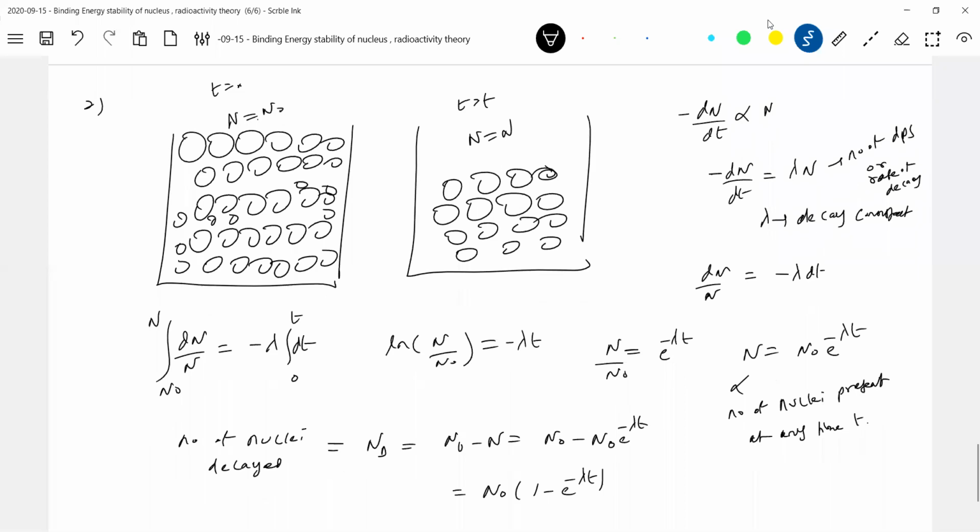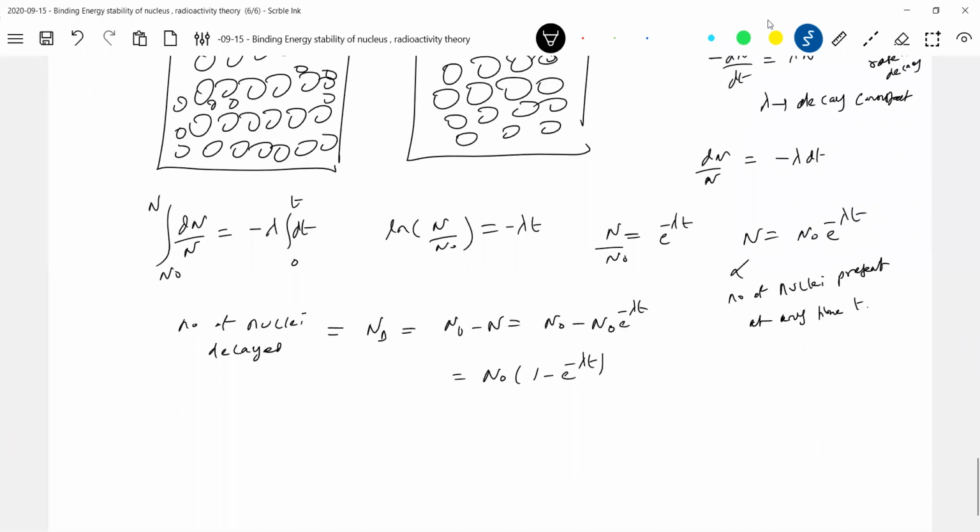So the number decayed will vary with time in this particular fashion. Now I'll multiply lambda on both sides of this equation. What is lambda into N? It will become the activity.